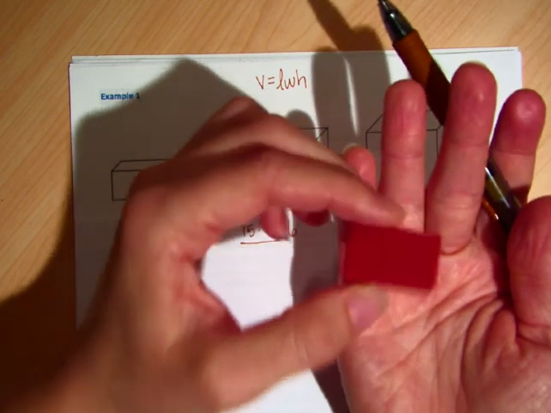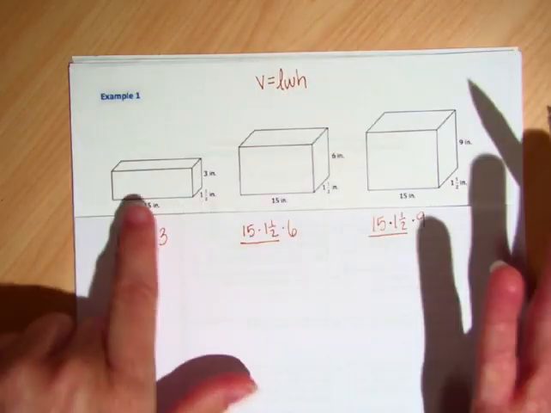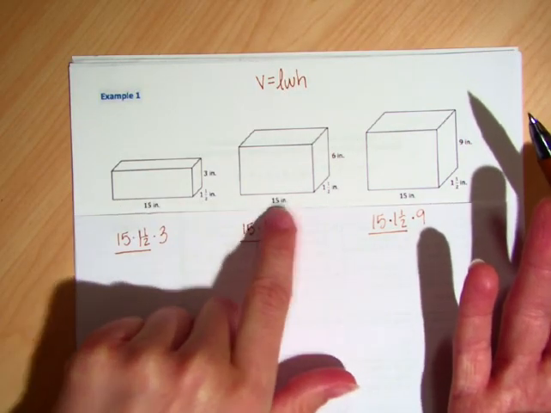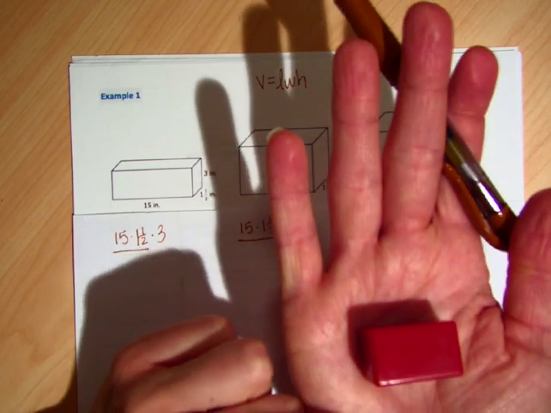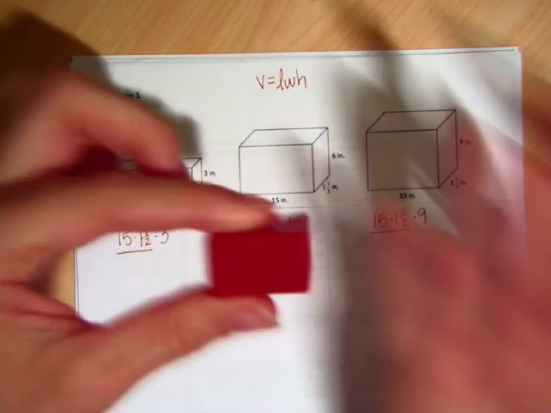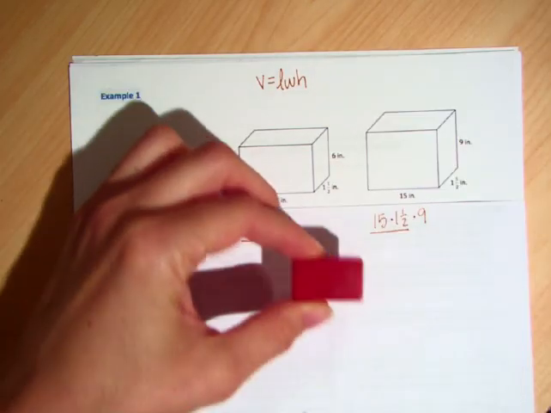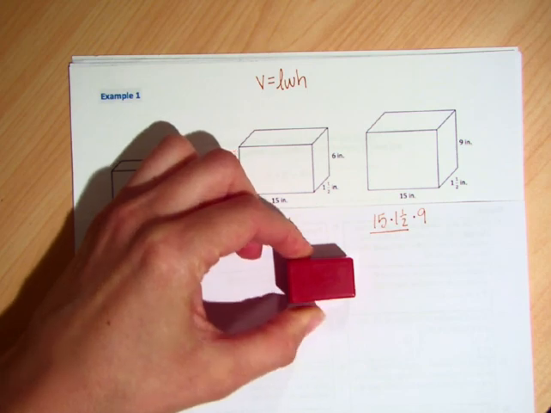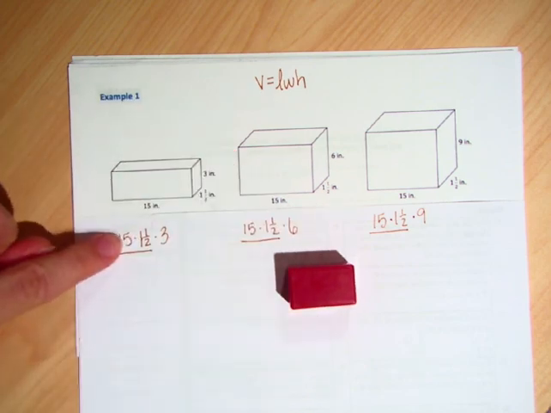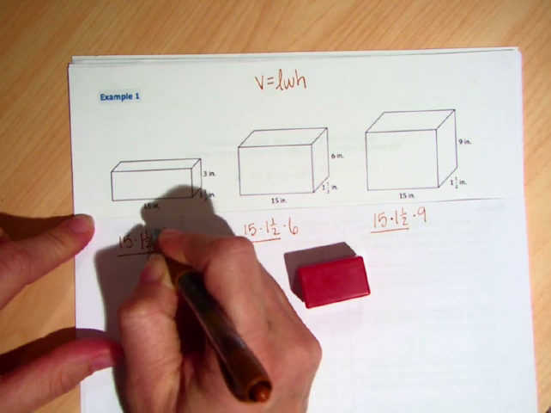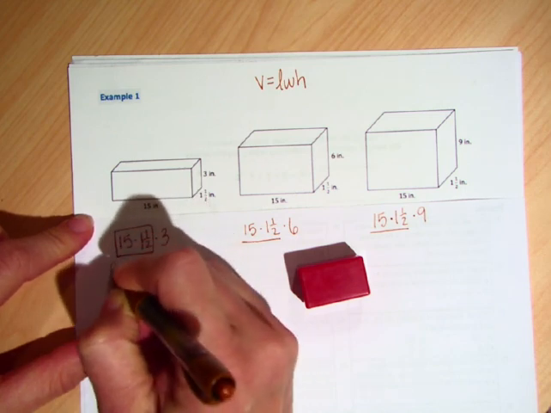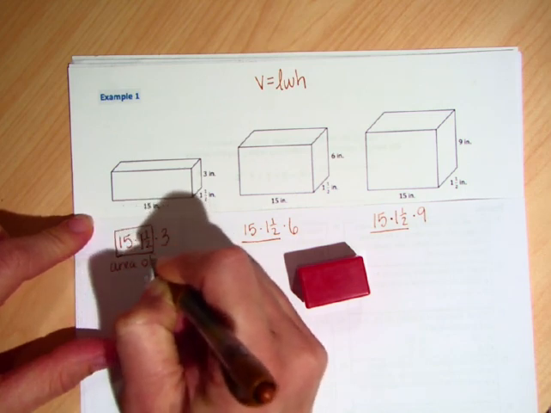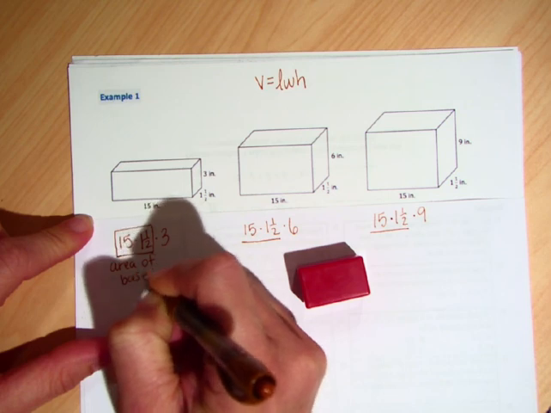Now, if it's sitting on that face, which it looks like in here, it's sitting on that base down here on the bottom. If it sits on that face, we call that the base of the three-dimensional shape. So that's the base that it's sitting on. So this part right here is the area of the base.